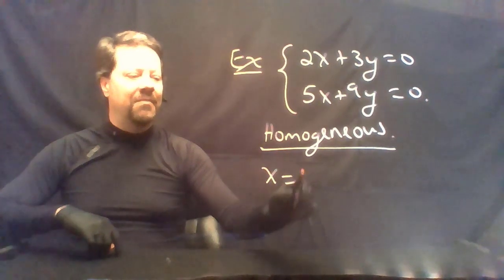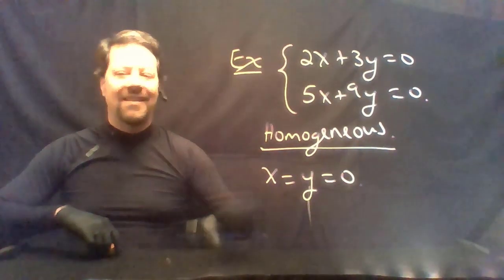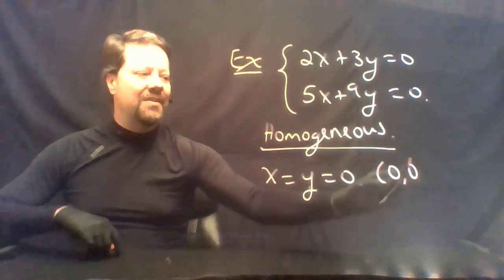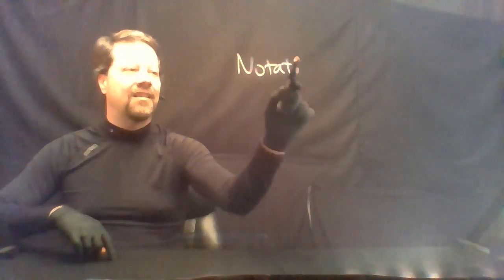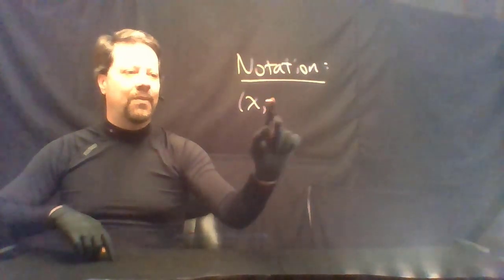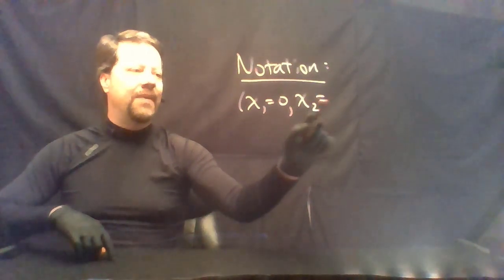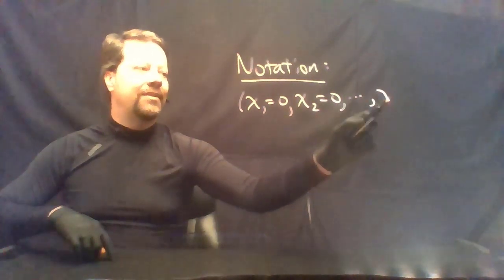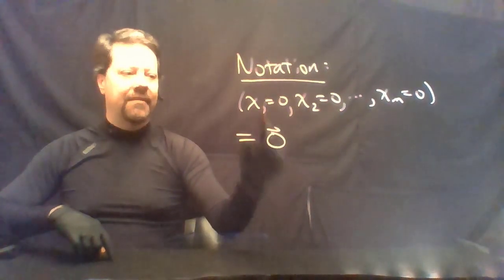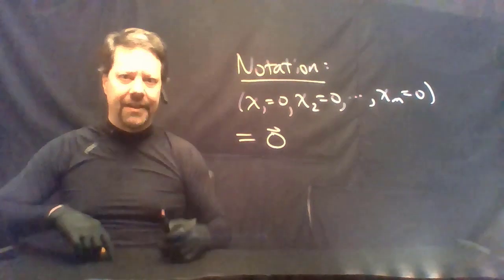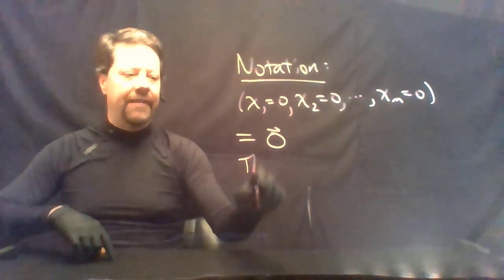In this particular problem, the point (0, 0) is obviously a solution. The point x1 equals 0, x2 equals 0, through xn equals 0 will be denoted by 0 with a little half arrow over the top. We call this the 0 vector.